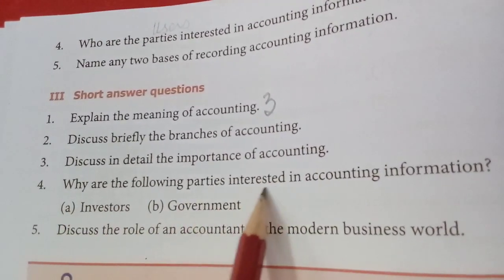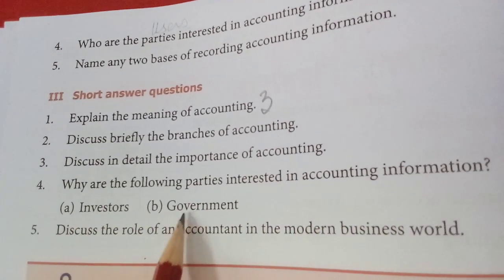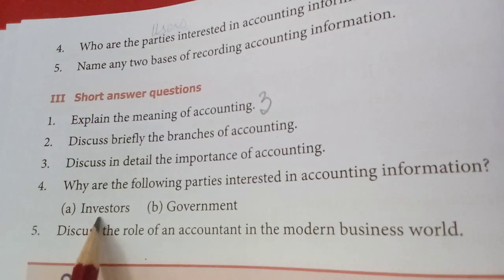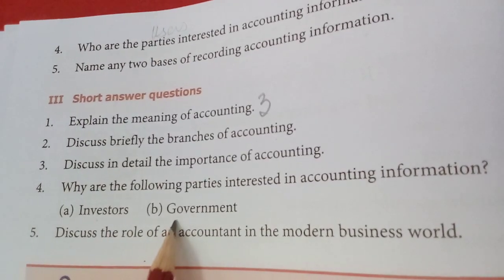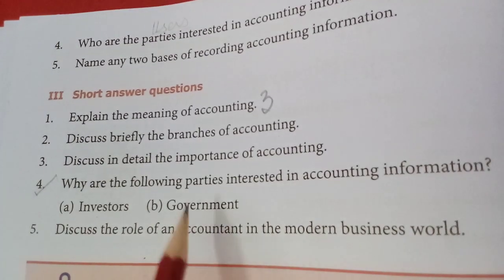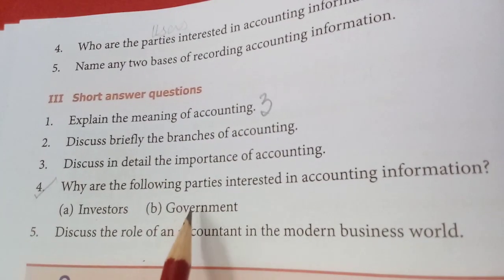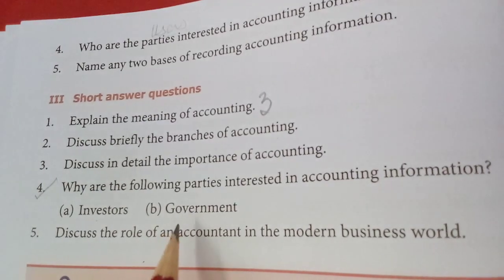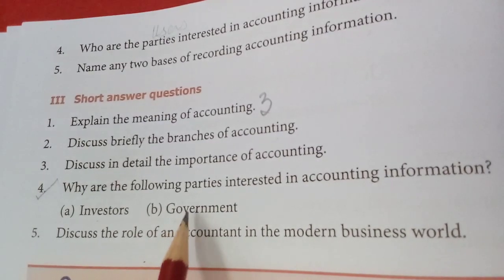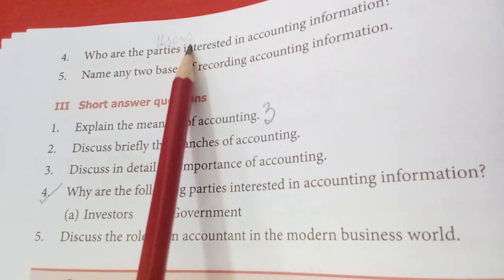Why are the following parties interested in accounting information? Investors, government. Under the heading investors, what is given you learn, and under the government, what is written, that also you learn. Understood? So we have marked only 2 question answers; learn them, and try to read everything. Read 2-3 times, then you learn this one. By reading itself you will learn all the users.